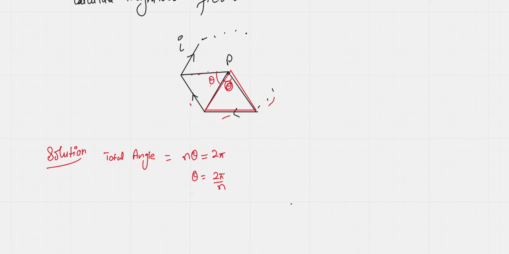Due to the symmetry, all the side triangles which I'm going to get have the same kind of shape. If I rotate it like this, it is also similar to this, and it will be similar to all of them. So if I'm able to solve for this, I'm able to solve for everyone.